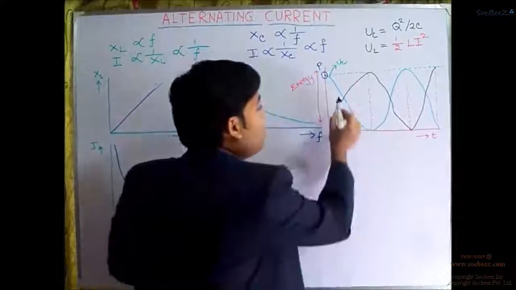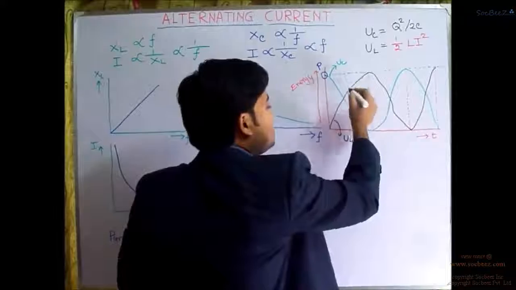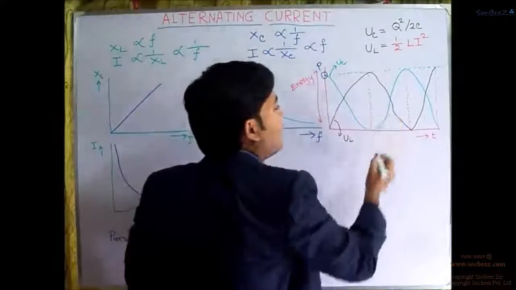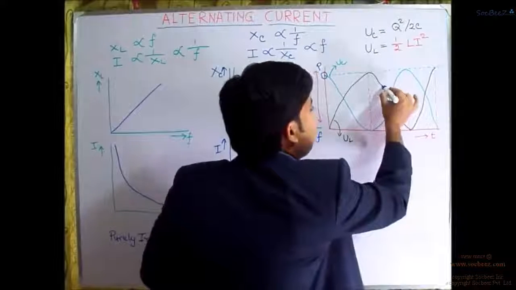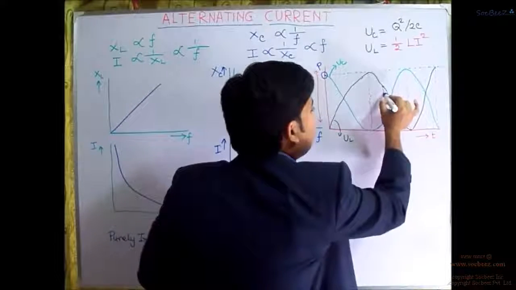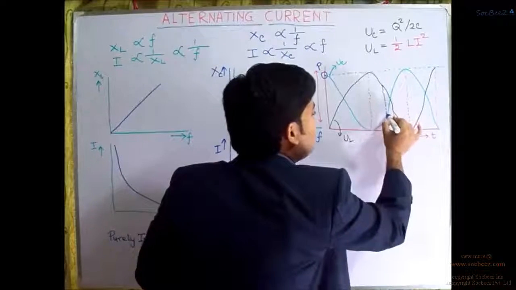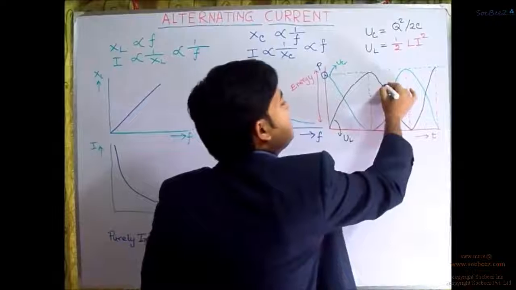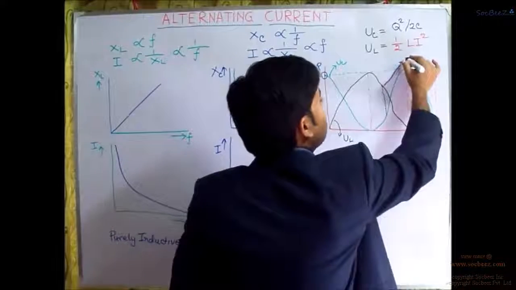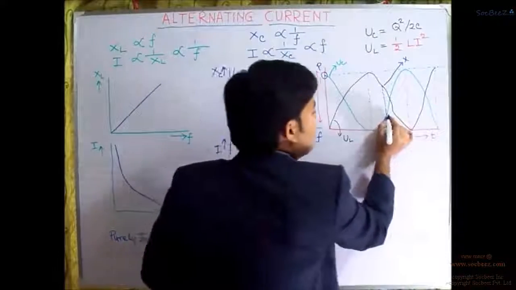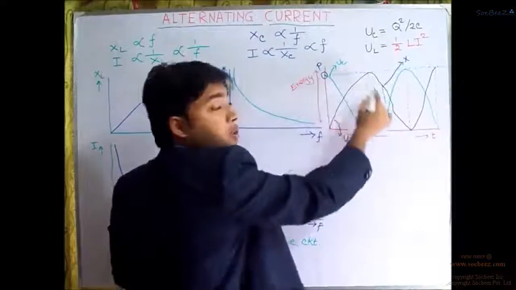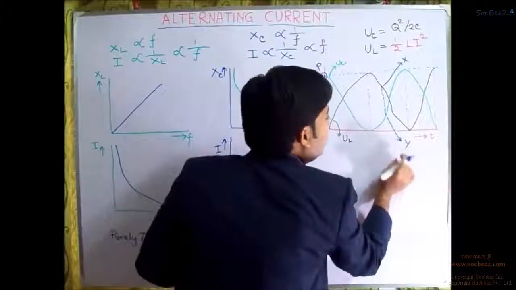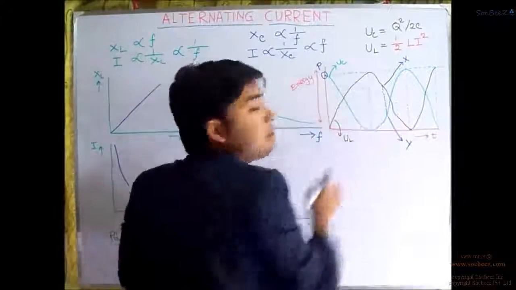Now, what will be the scenario over this region or this region? At any particular point, for example this point, at this particular time t, say this value is equal to x, the value for UL, and say y is the value for this UC.